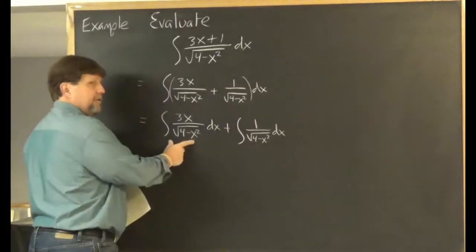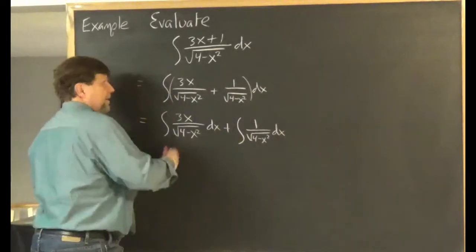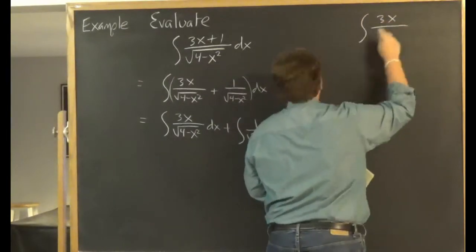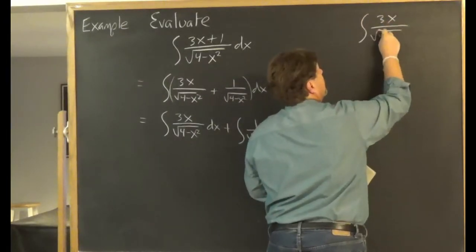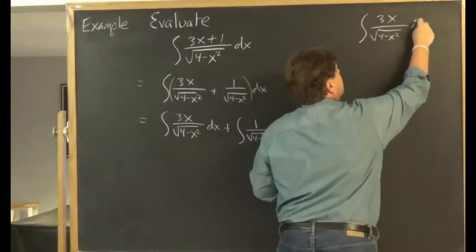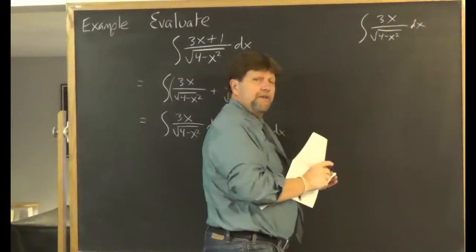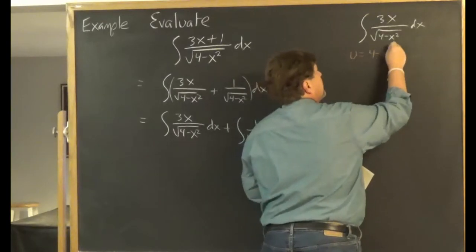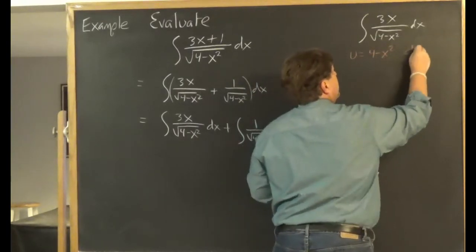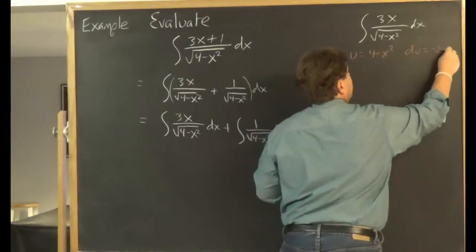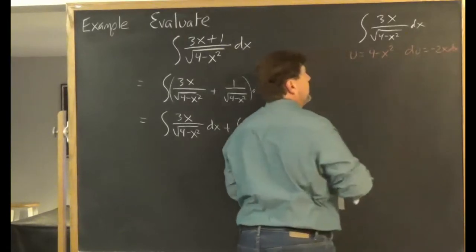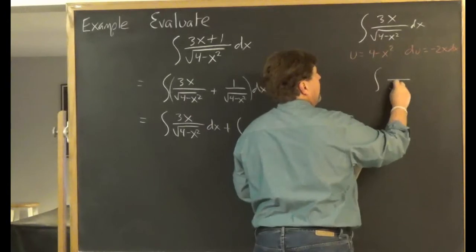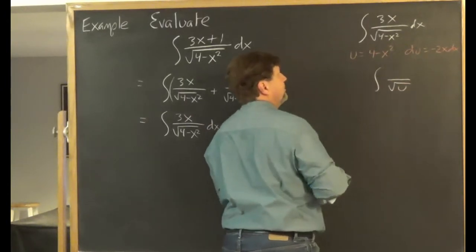This integral isn't a problem. Let me pull it over here. You just see the integral of 3x over the square root of 4 minus x squared dx, and I'm hoping you're saying, well, letting u equal 4 minus x squared gives me a du of negative 2x dx. You substitute in your u, so the denominator is square root of u.